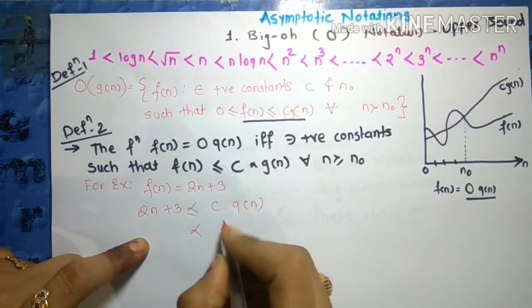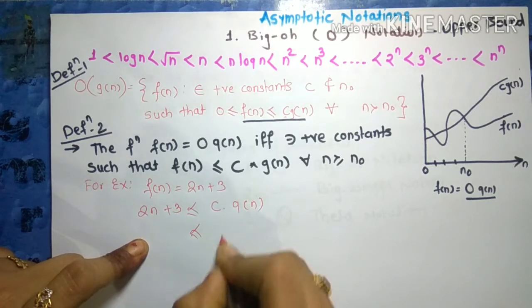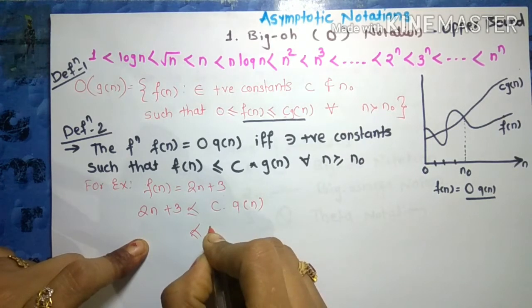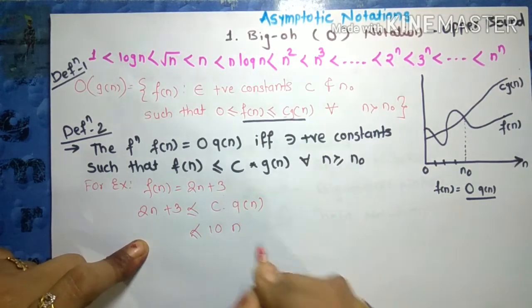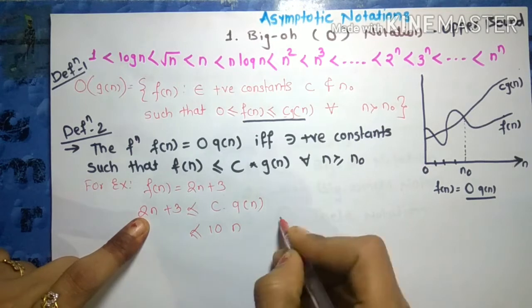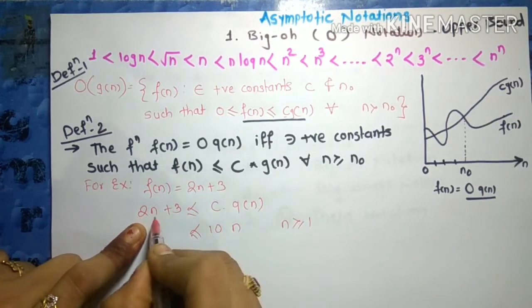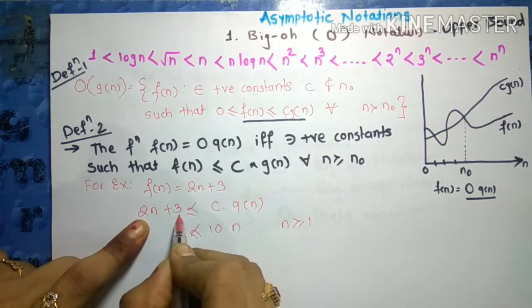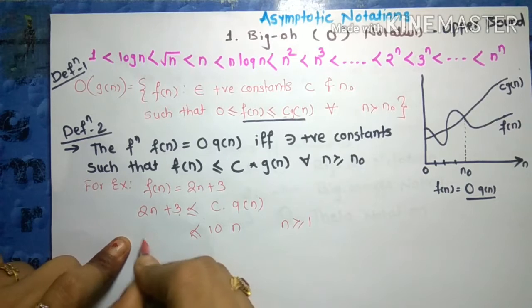Let's take c as any constant, say 10n. If we put n greater than or equal to 1, putting n equal to 1, we get 5 is less than 10, so it is true.